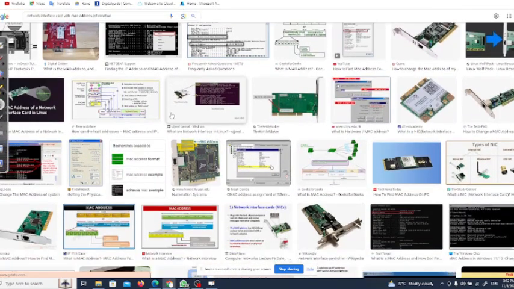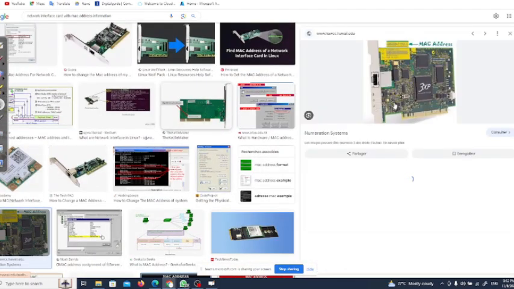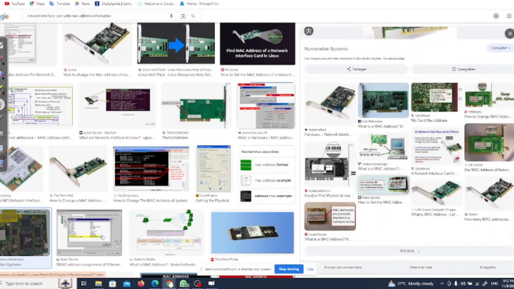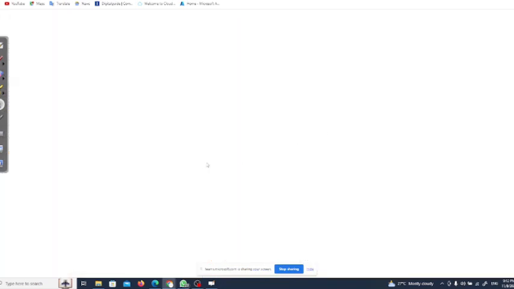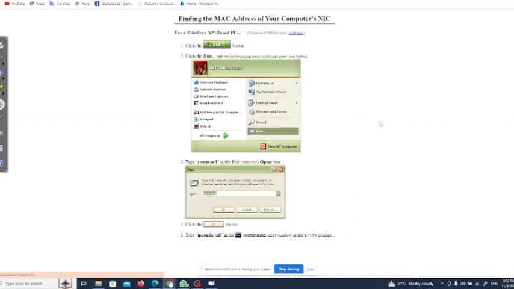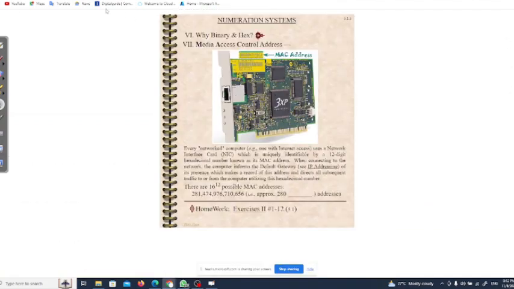Okay, just a minute. Okay, you can see on this one here, I don't know if you can see, but the MAC address is here.